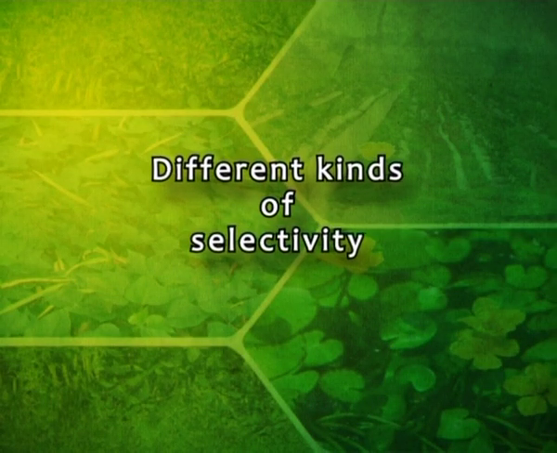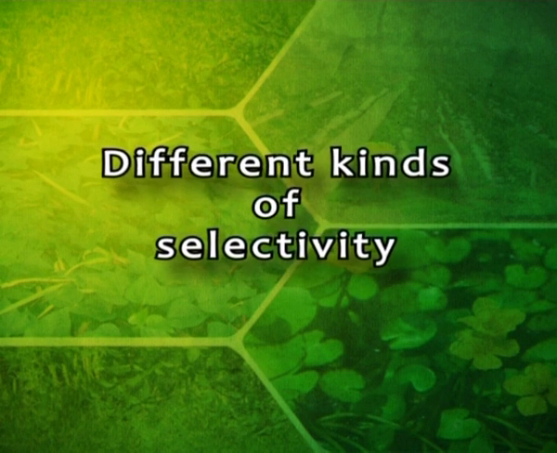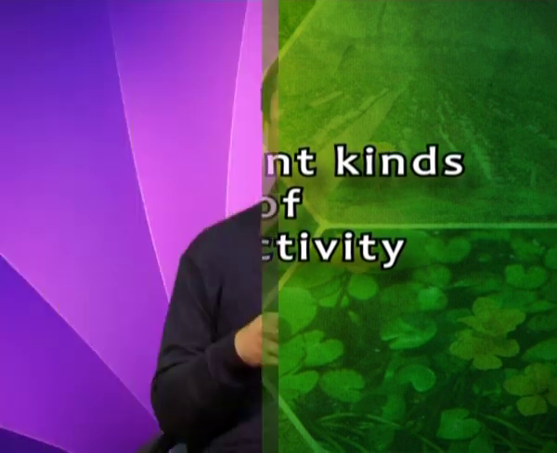Next, we will discuss different kinds of selectivity. At least one kind of selectivity must operate when herbicide is applied to crop, although usually more than one kind of selectivity operates under a given situation. There are 4 major types of selectivity.